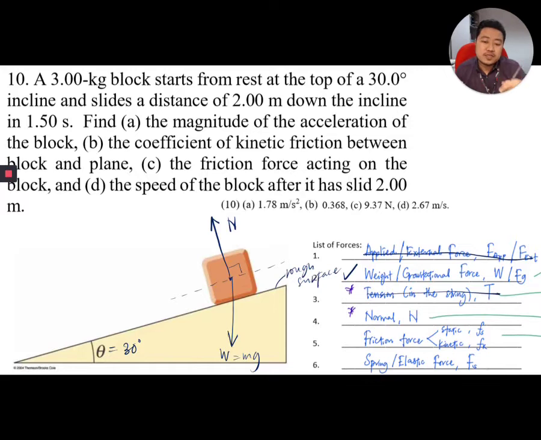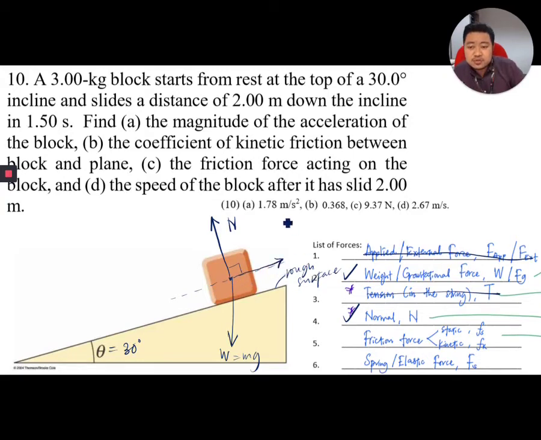Moving on afterward, we also have to consider friction force, and here we have kinetic friction force as stated in the question. Because this block is going down the incline, our direction for friction force is going to be opposite of the motion, and with that the friction is going to be upward, or up the incline.